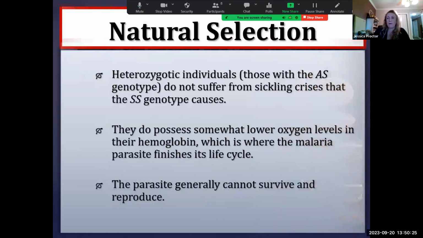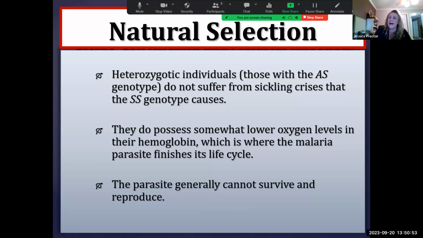Okay, but what scientists have found is that heterozygote individuals, those that inherit a dominant allele from one parent and a mutated S allele from another, do not suffer from the sickling crisis of the homozygous recessive individuals. However, they do possess a somewhat lower oxygen level in their hemoglobin, which is where the malarial parasite will finish its life cycle.